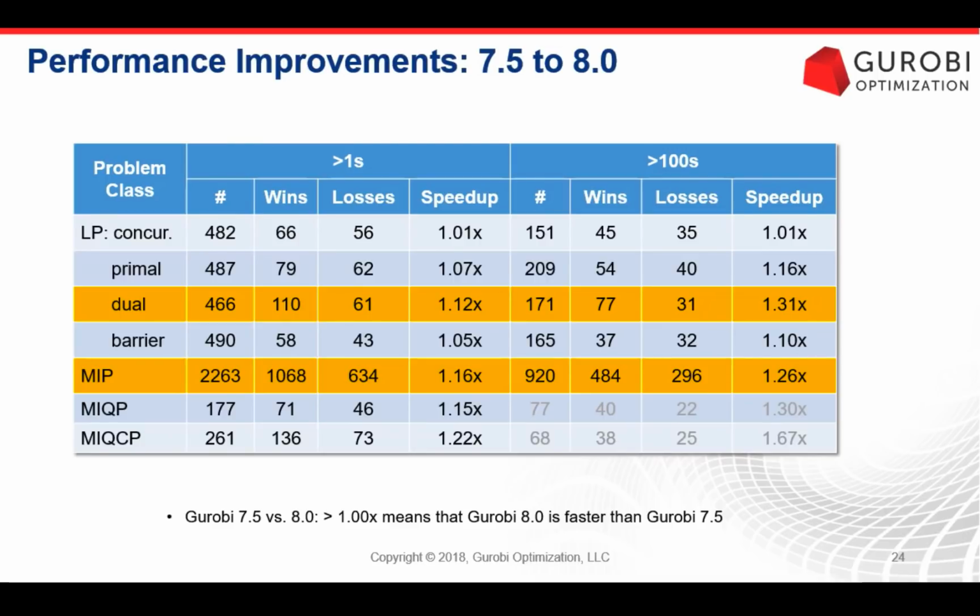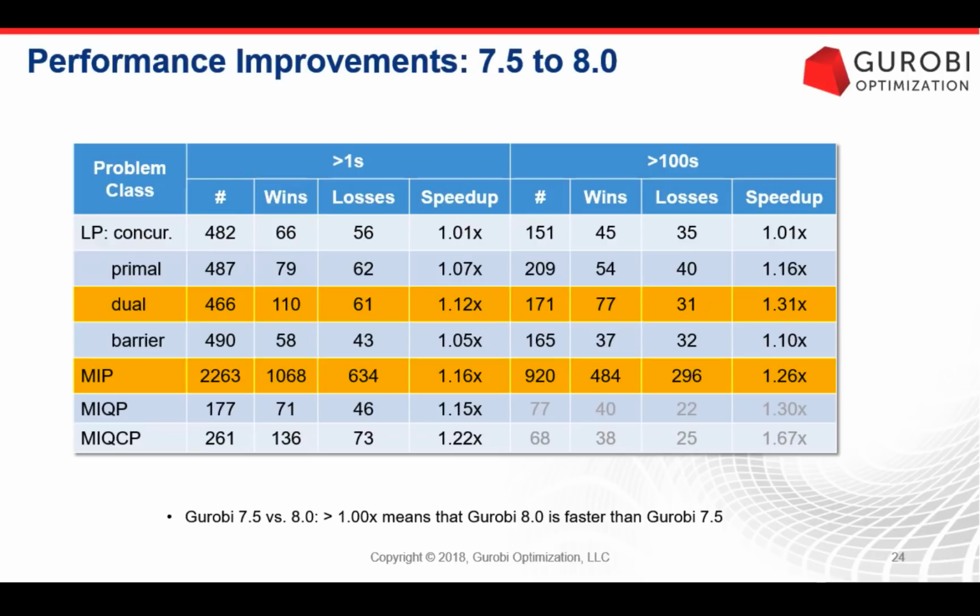For linear programming, we can use the concurrent solver, the primal simplex solver, the dual simplex solver, or the barrier solver. In each case, those algorithms have undergone some changes, and there are some performance improvements moving from version 7.5 to 8.0. And then we also have MIP models, mixed integer linear programming problems. We have MIQP models, mixed integer quadratic programming models, and MIQCP models, mixed integer quadratically constrained programming problems.